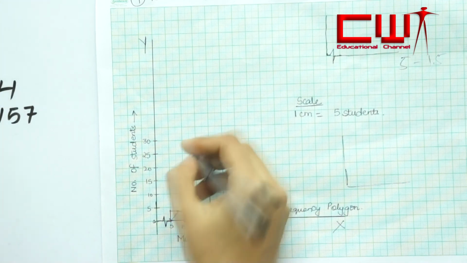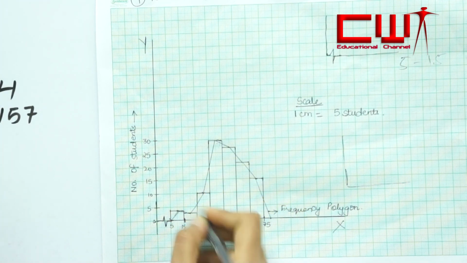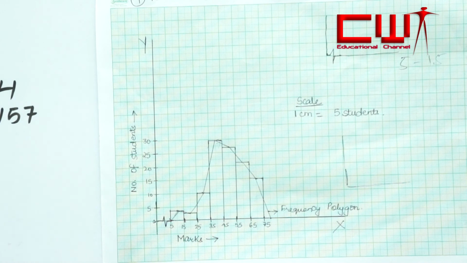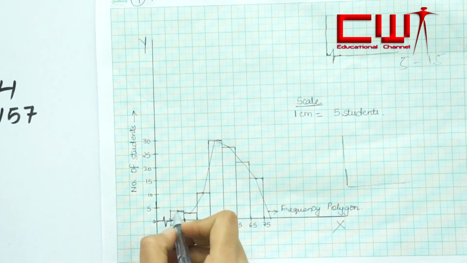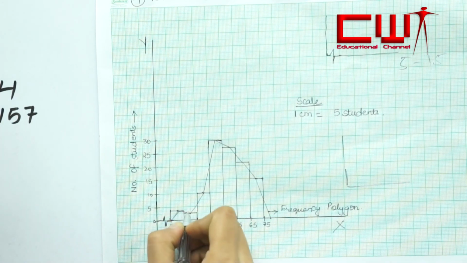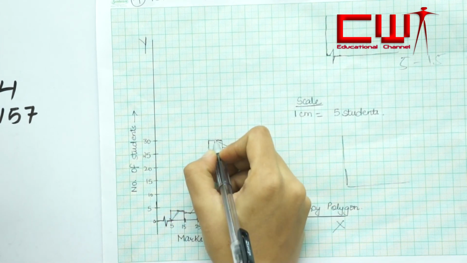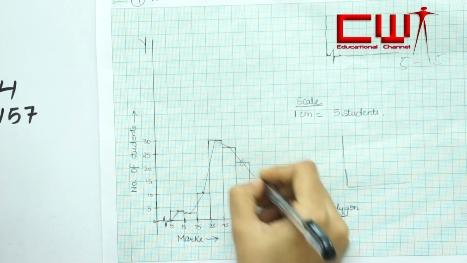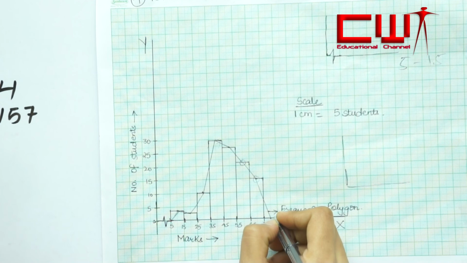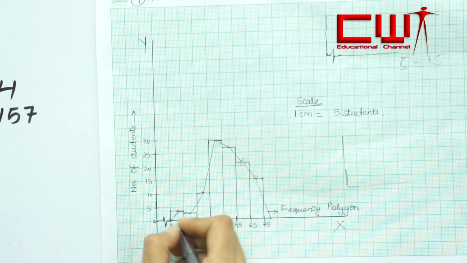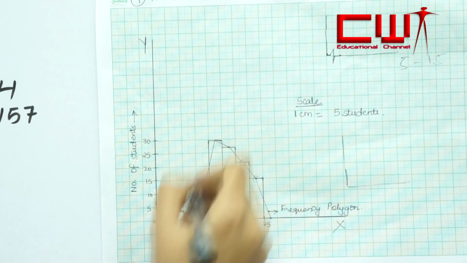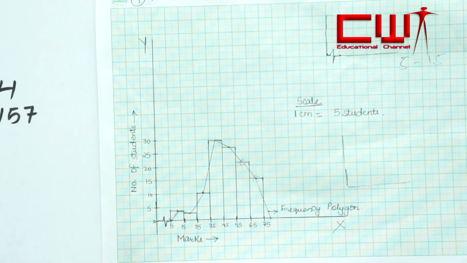Now what you will do after drawing the histogram, 15 to 20, 20 to whatever the numbers are given to you, is join the midpoints of all the histograms. Join the midpoints of all the histograms, right, and leave it here at this point. So after joining all the midpoints with the help of a scale, you will get a frequency polygon.